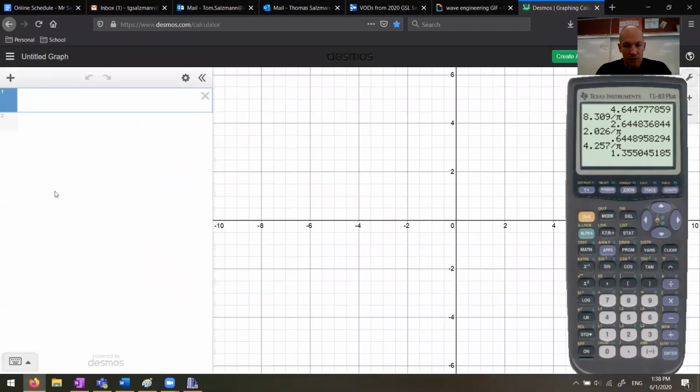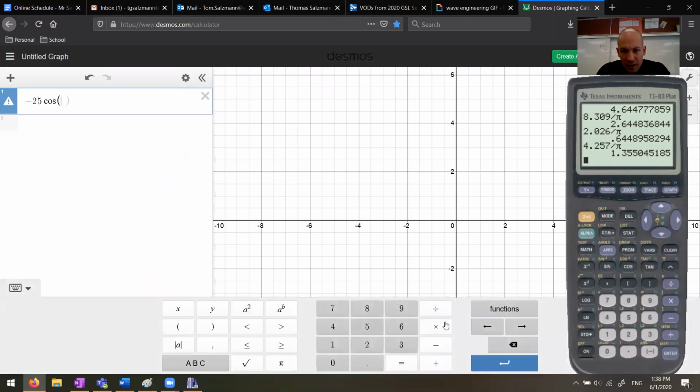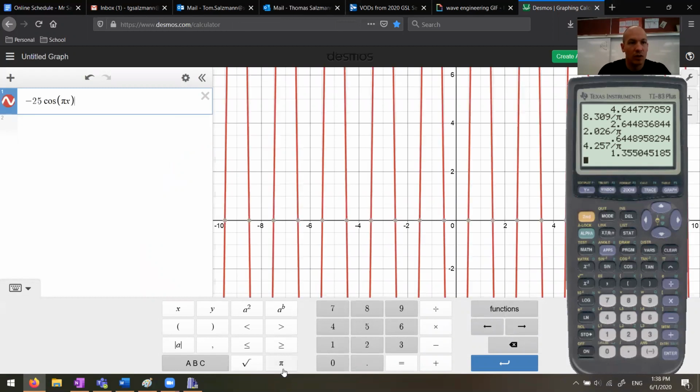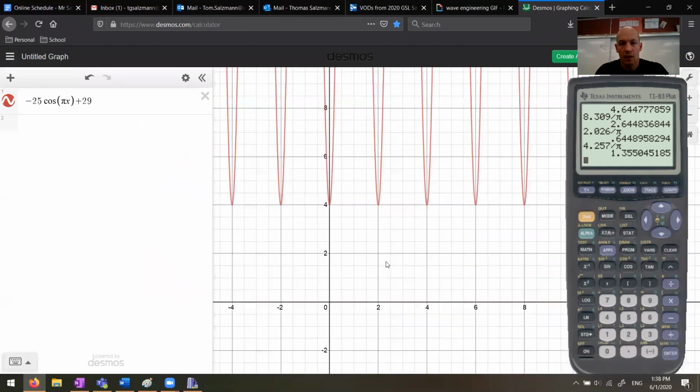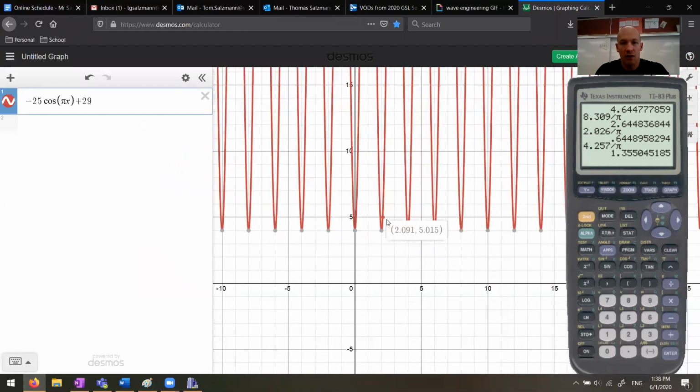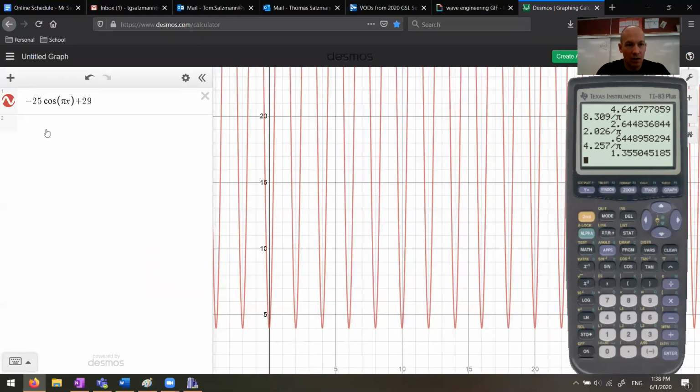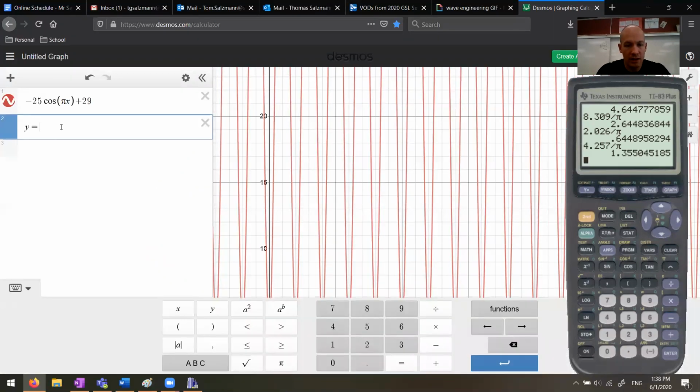So we started with a function that said y equals negative 25 cosine, now I'm going to write in here pi, I'm going to use x because that's the variable Desmos expects, plus 29. So here we go. This is my graph, and I'm going to set a line y equals 40.